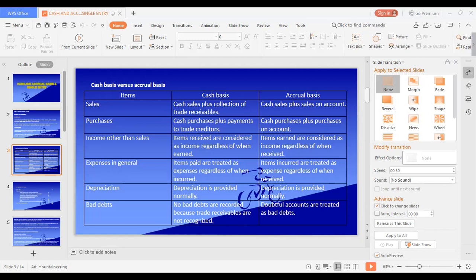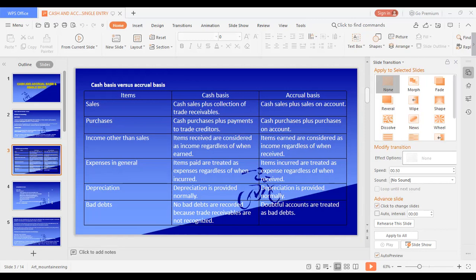So we multiply 250,000 by the rate of 10%. So we now debit doubtful accounts or bad debts for 25,000 and credit allowance for doubtful accounts. Now this is your adjusting entry.